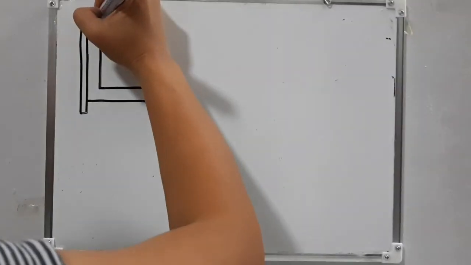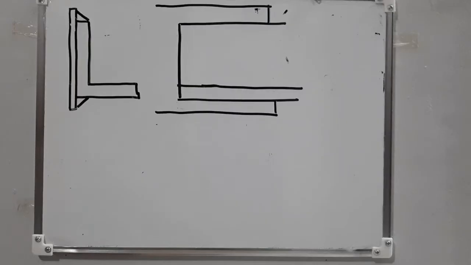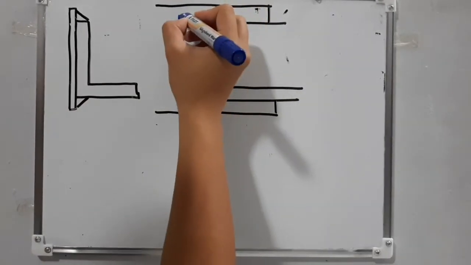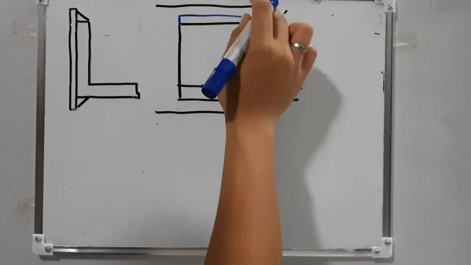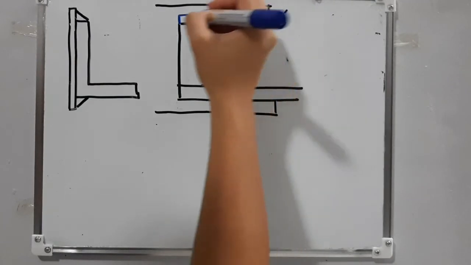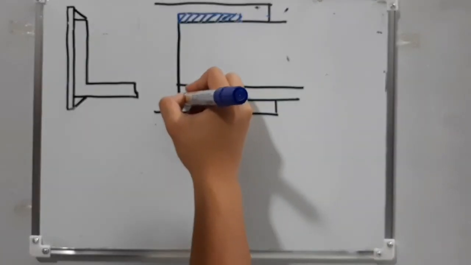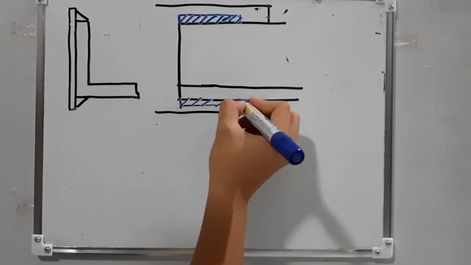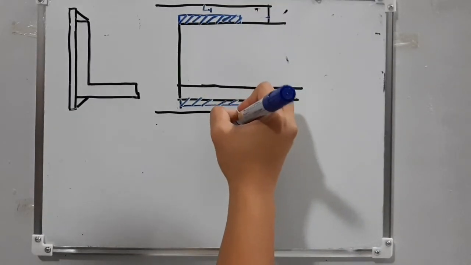We can say that this is your weld. Tayong weld sa side na ito, and the other one here. So this will be L1 and this will be L2.